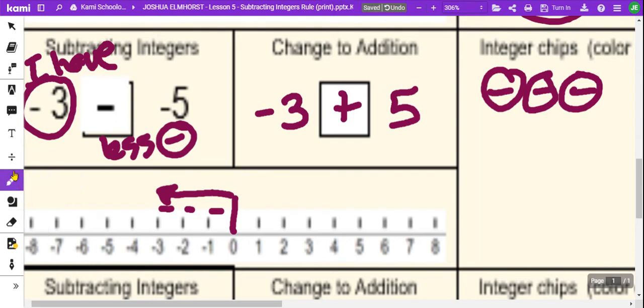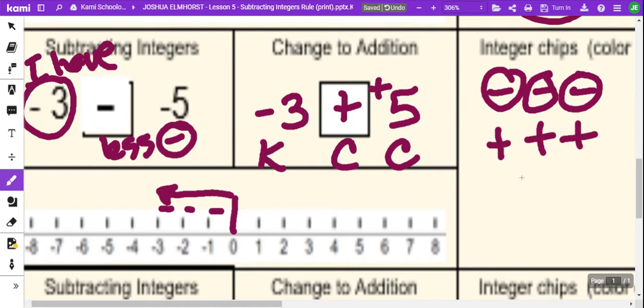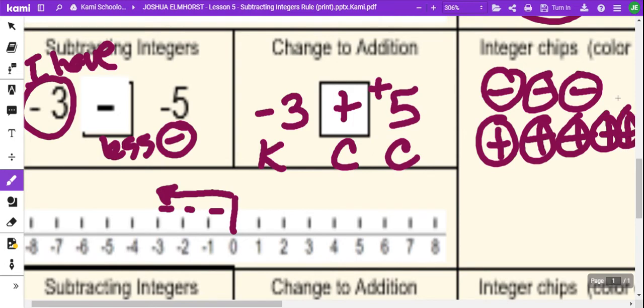I'm going to take that off just to show the original. So keep, change. -3 minus -5 means -3 plus 5. You're getting more positives. So we'll put the positives over here. And 0 pairs.